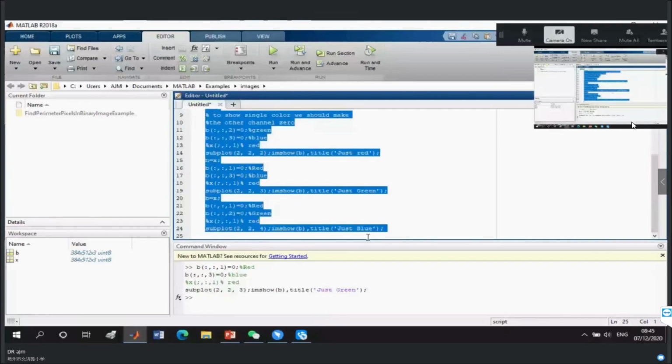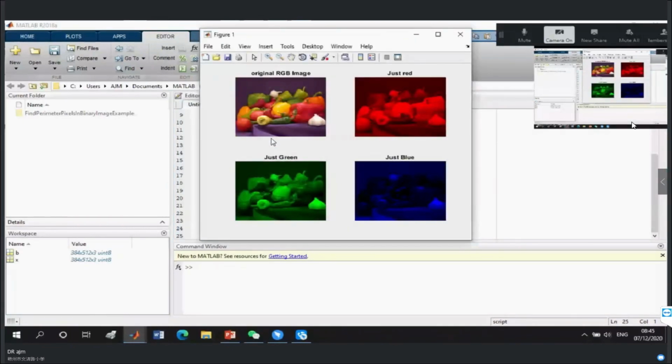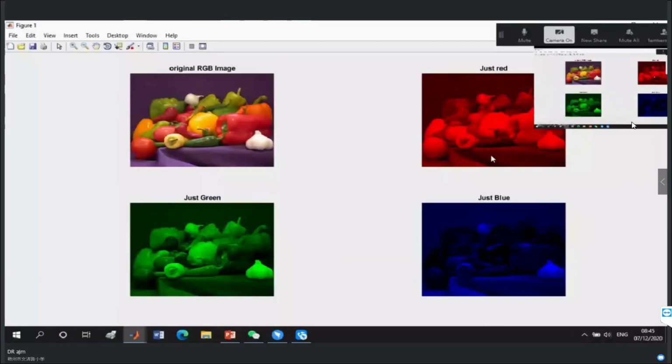Then you can see the three different sheets separately: just the green one, just the blue one, and just the red one, which represent the RGB for us. You mentioned that you will see the different color levels between 0 to 255 of the red or green or blue in each separated sheet. That was the first job.